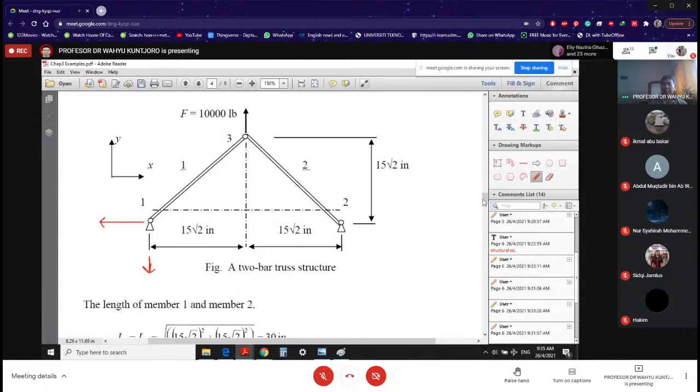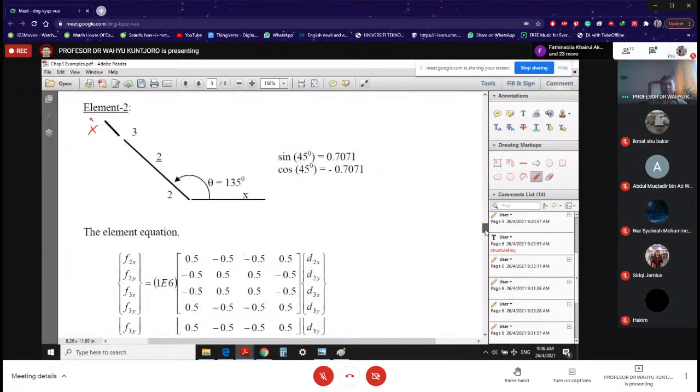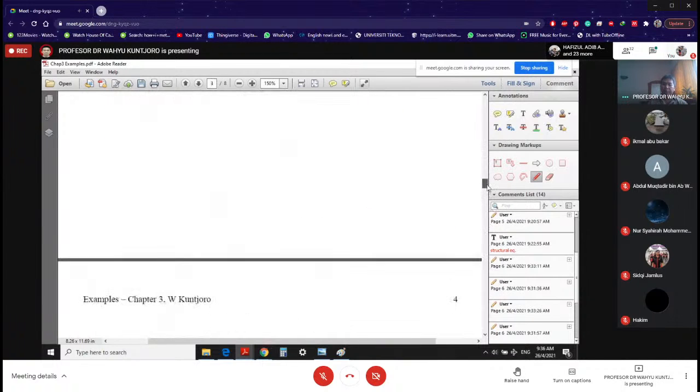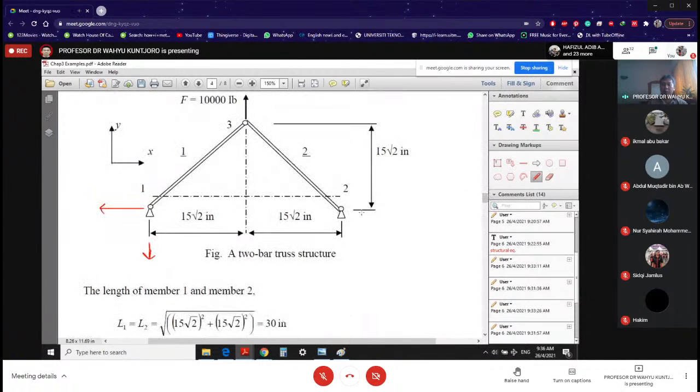What about the reaction at node number 2? F2x positive, F2y negative. F2x positive, so it is positive to the right. F2y negative, going down. All right, so that is what is happening here. Of course, you can write down the values of what you have over here.